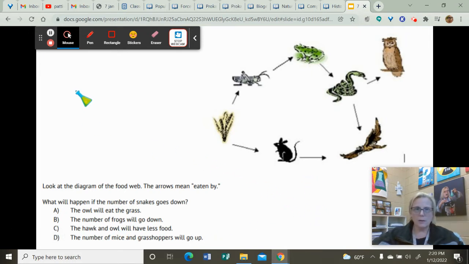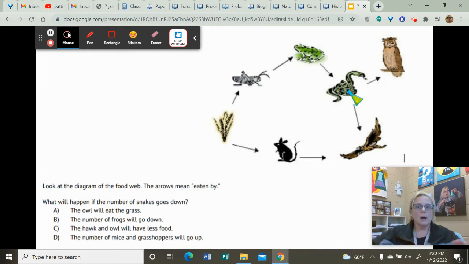That one is kind of a common sense question, and it looks like 78% of you all got that one right. Just remember, the key to this, if you're having trouble interpreting a diagram, sometimes, like I had told y'all before, make up that little story to go with it.